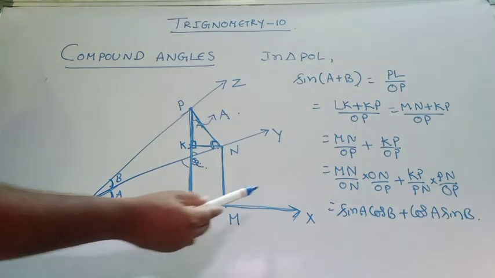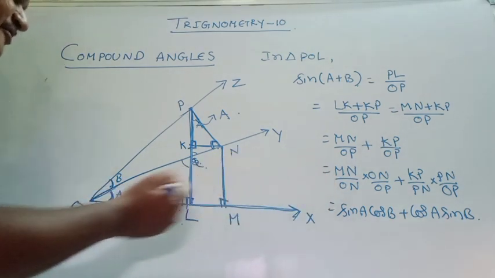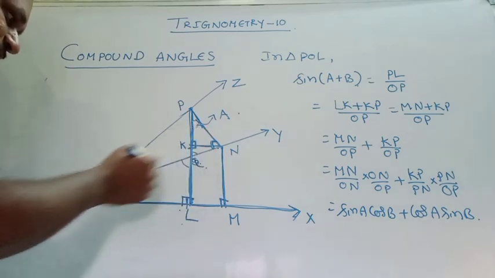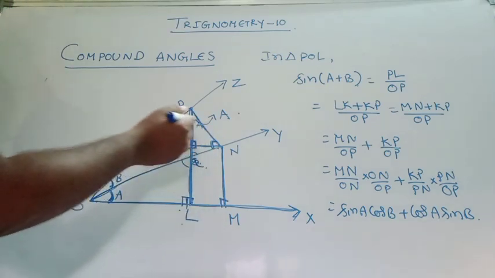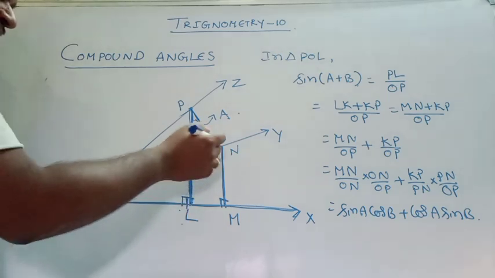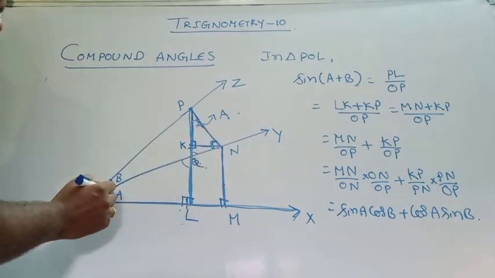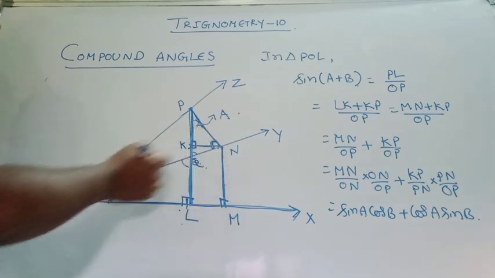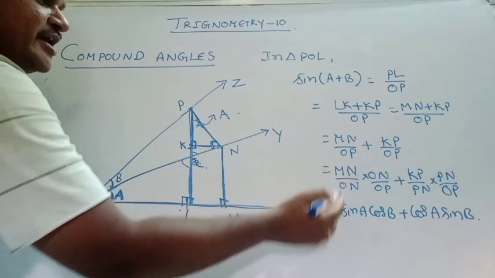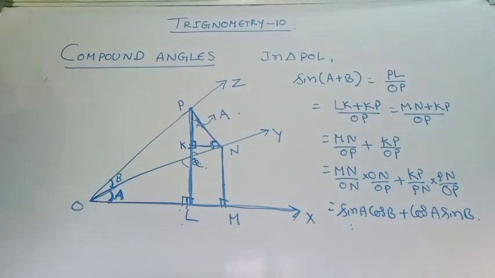Now this MN by ON, if you consider this triangle OMN, in this MN by ON, opposite side by hypotenuse, that is nothing but, here you have angle A, sine A will give you MN by ON. That's why in place of MN by ON you write sine A. And ON by OP, right?